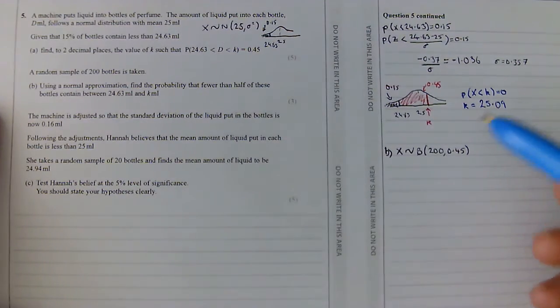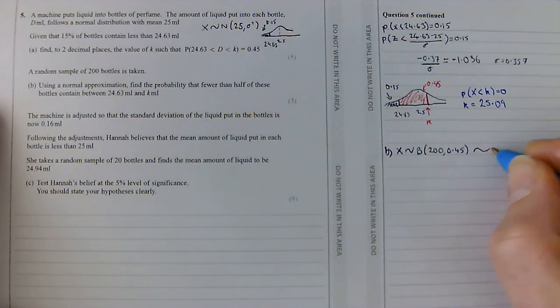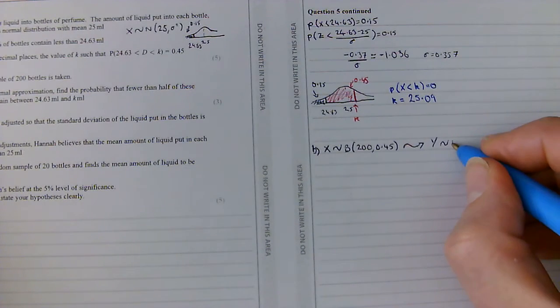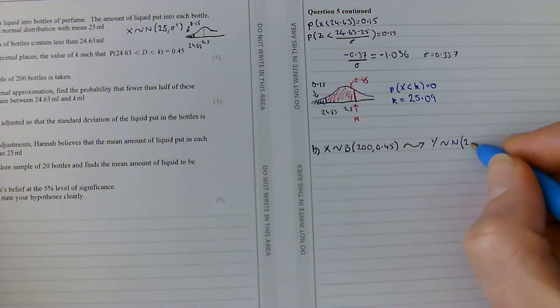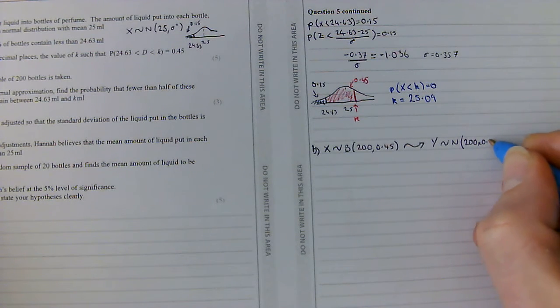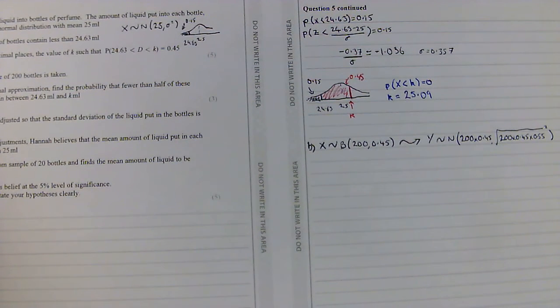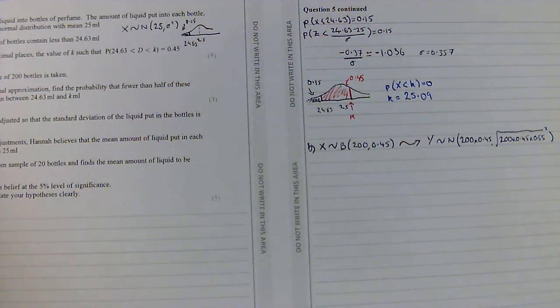So that can be approximated by y, which is going to be distributed normally, with mean 200 times 0.45, and with a variance 200 times 0.45 times 0.55. We're going to remind ourselves of that variance by putting square root and squared on it, so that we can remember that we're looking at the square root of that when we want the standard deviation.